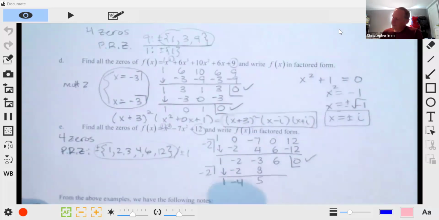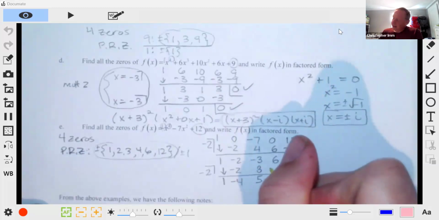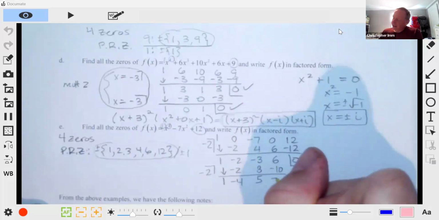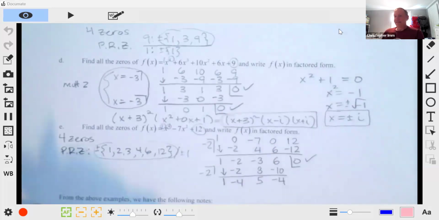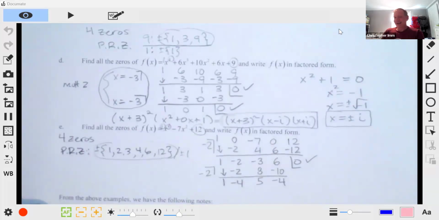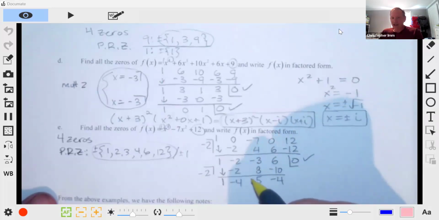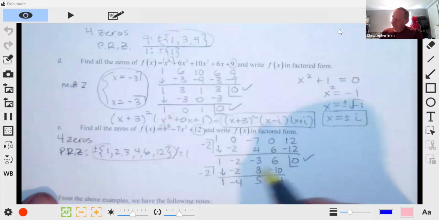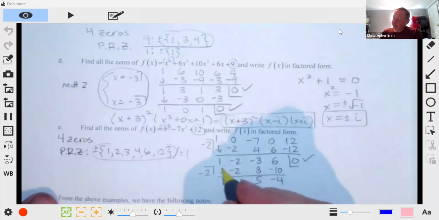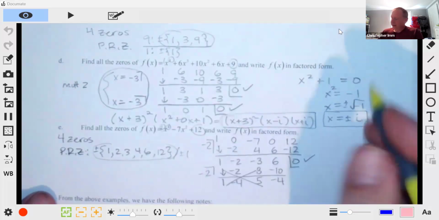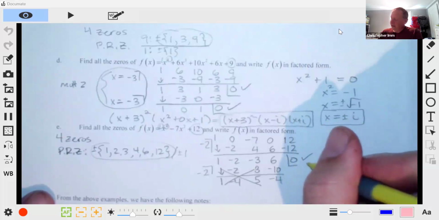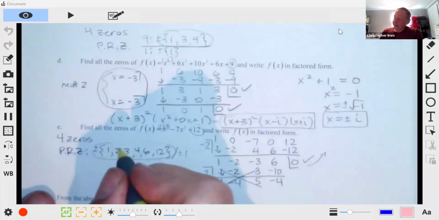Because when I multiply by 5 and I multiply and add, I get a -4. Okay, so that's not going to work exactly how I thought it would. That's okay. I did see that 2 was another 0. Sometimes things don't work, and it's a good lesson to just keep trying. So over here, I did see -2.